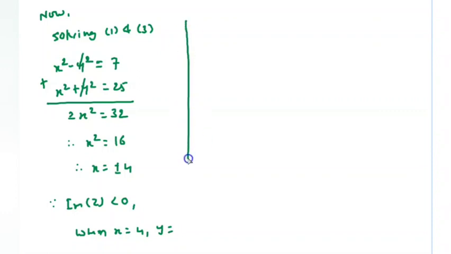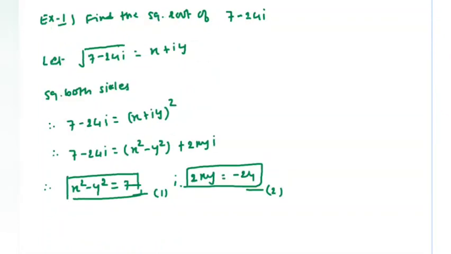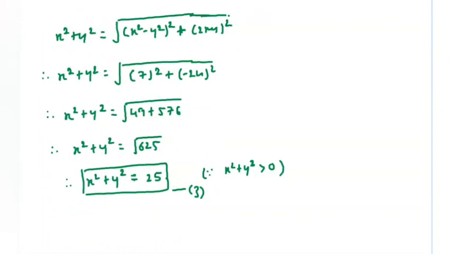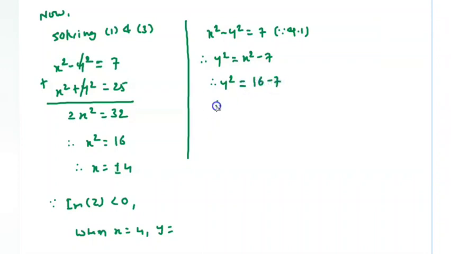We can calculate y from equation 1: x square minus y square is equal to 7. So y square is equal to x square minus 7. Y square will be 16 minus 7, therefore y square will be 9.